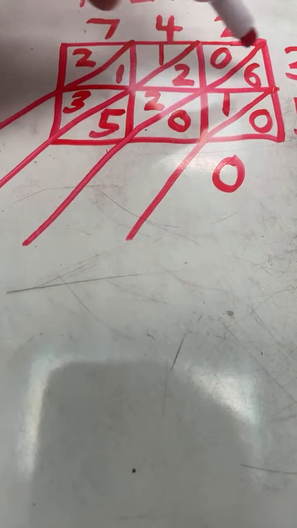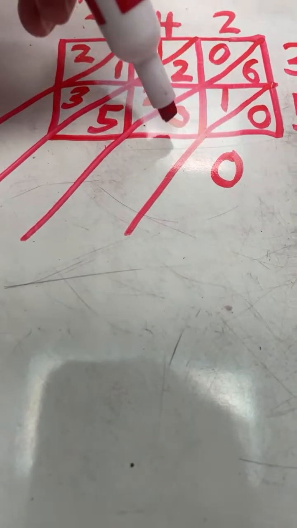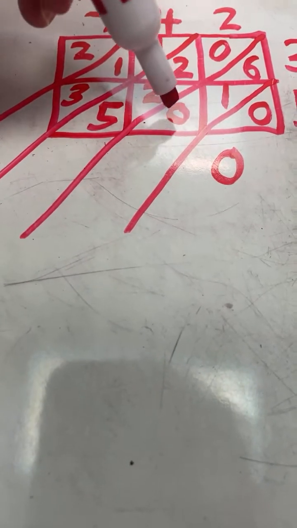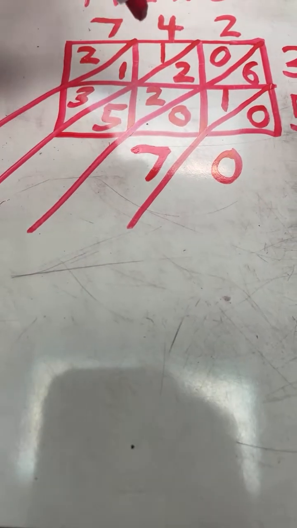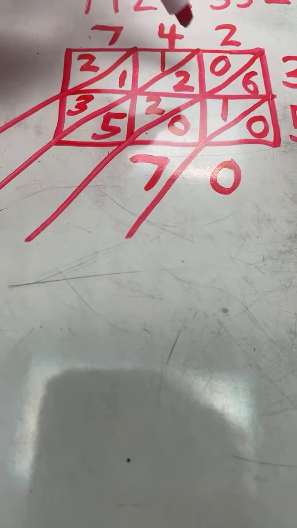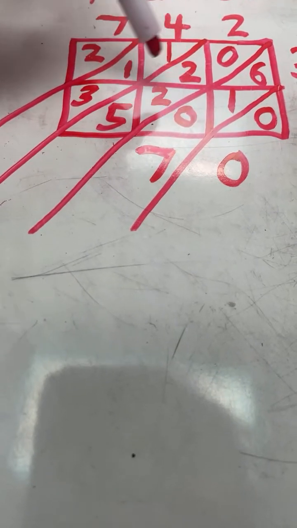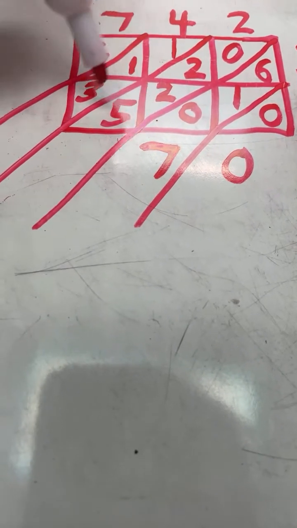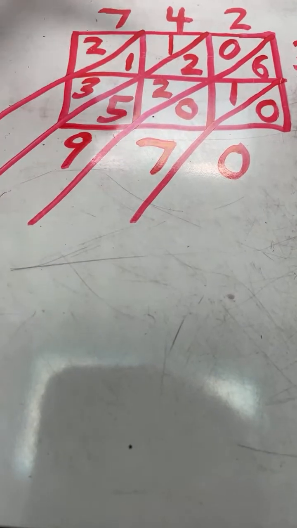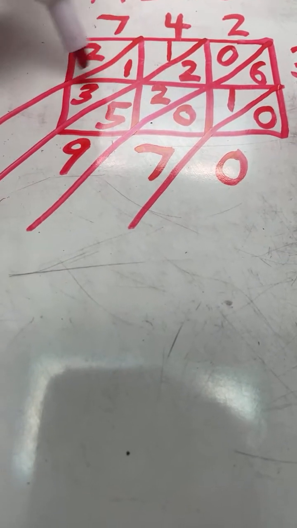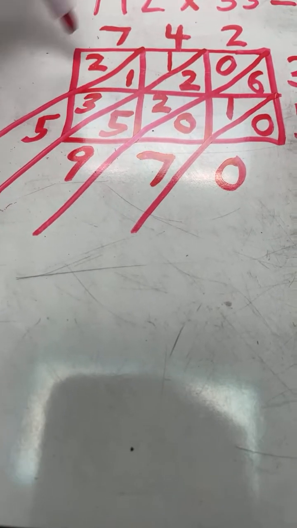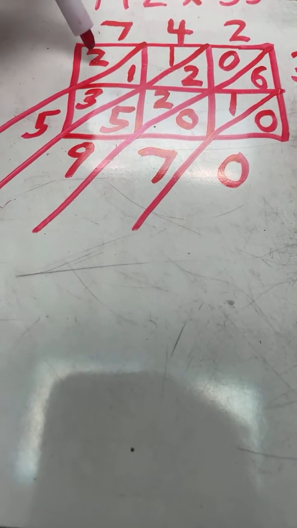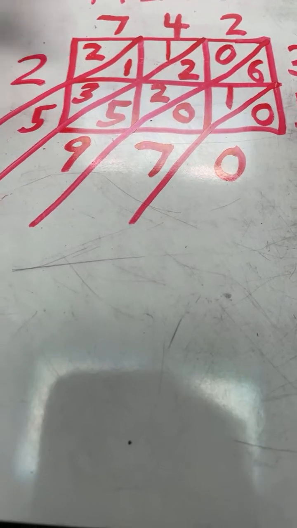In between these two diagonal lines, we're adding up these three numbers. 6 plus 1 equals 7, plus 0 equals 7. 0 plus 2 equals 2, plus 2 equals 4, plus 5 equals 9. 1 plus 1 equals 2, plus 3 equals 5. And then along this diagonal line, there's only one number inside the square, there's a 2.